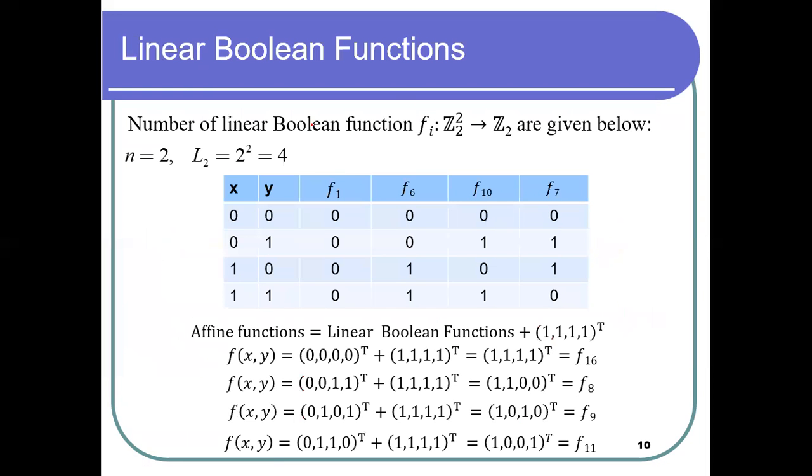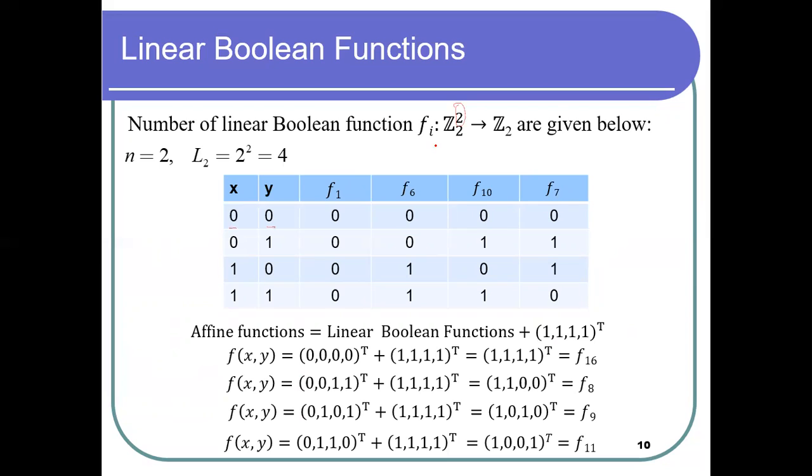Let me elaborate on the number of linear Boolean functions from Z2^2 to Z2. Here n is 2, so the linear Boolean functions are 4. That is, on 2 inputs, all possibilities are 4. So I take f1, f6, f10 and f7. These are all linear Boolean functions. Why?